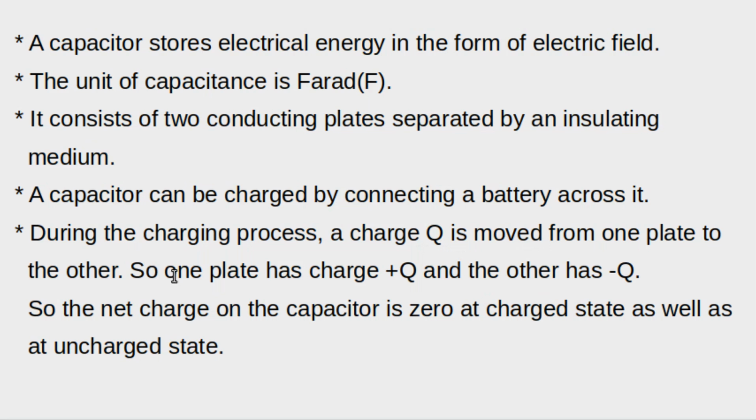So one plate has charge plus Q and the other has minus Q. So the net charge on the capacitor is 0 at the charged state as well as at the uncharged state. If a capacitor is uncharged, there is no charge inside it. And even if it is charged, the net charge is 0 since one plate has positive Q and the other has negative Q.